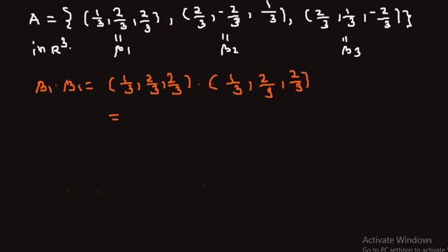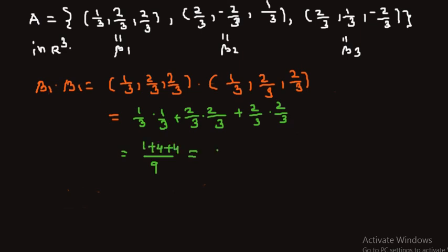This is component wise multiplication, so it gives us 1 by 3 into 1 by 3 plus 2 by 3 into 2 by 3 plus again 2 by 3 into 2 by 3. With the 9 over here, 1 plus 4 plus 4 gives us 1. So beta 1 into beta 1 is 1, and the first condition is okay.